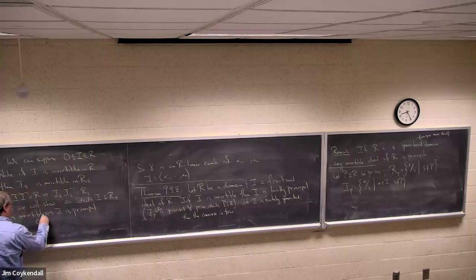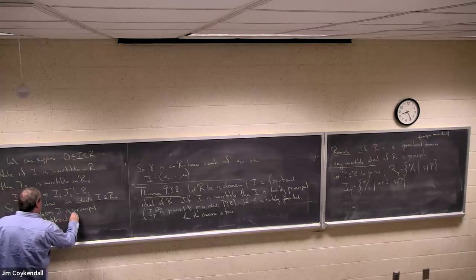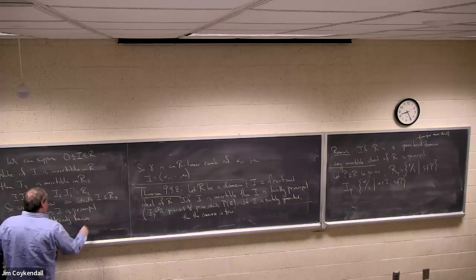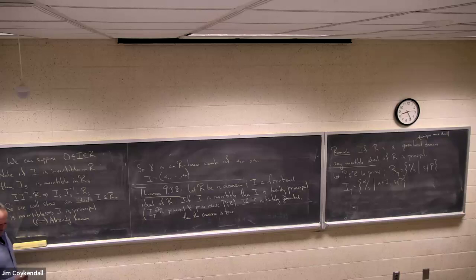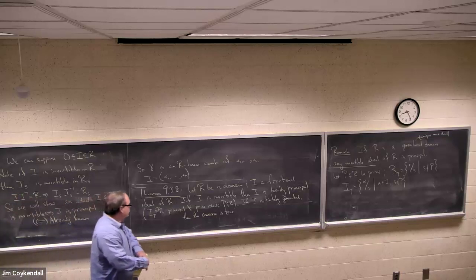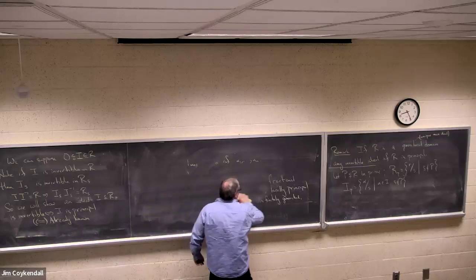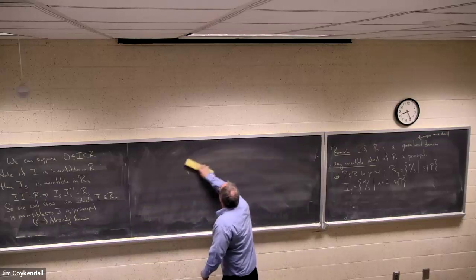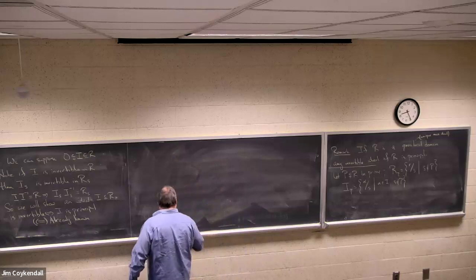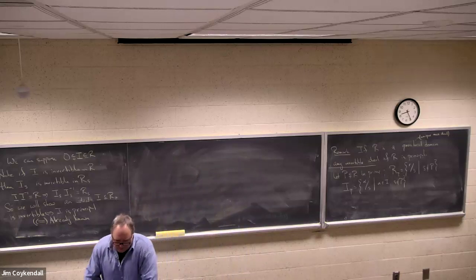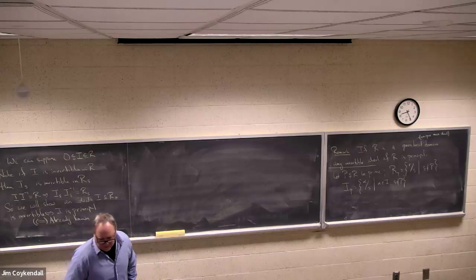Notice, of course, any principal ideal that's not zero is invertible, so the burden is really on the other direction here, showing that if you're invertible, you're principal in this particular situation. So to that end, let's suppose that I is invertible in R localized at P.